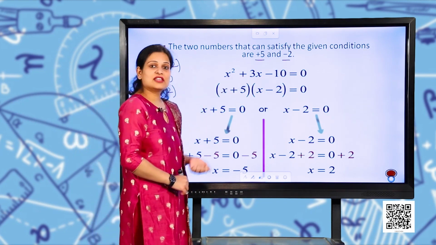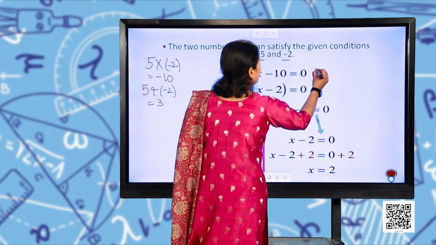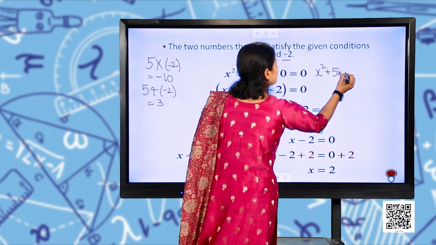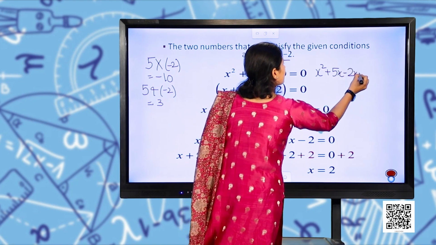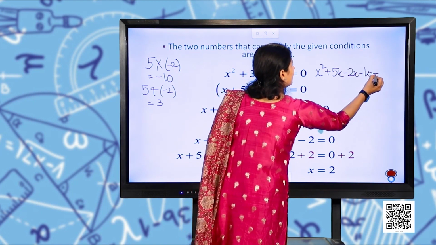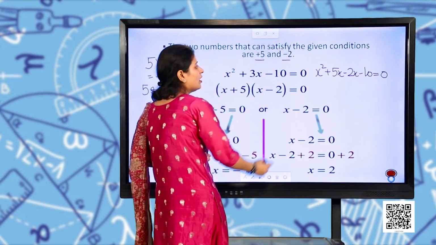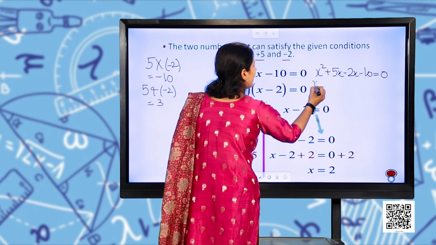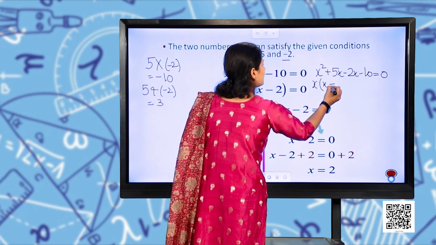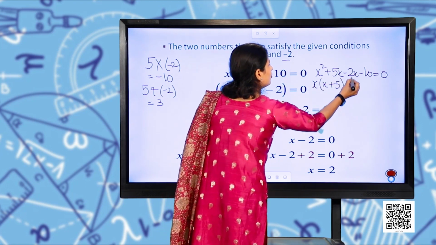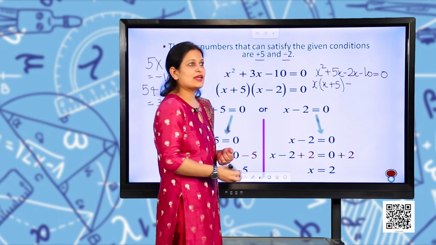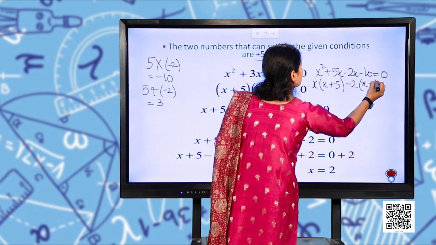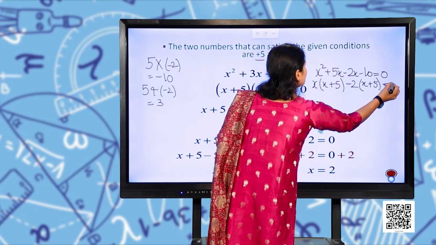We can rewrite this equation as x square plus 5x minus 2x minus 10 equals 0. Now, you can take x common. From here you will get x times x plus 5, and you can take minus 2 common. You will get x plus 5 equals 0.